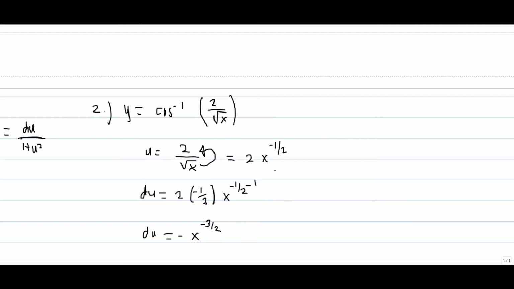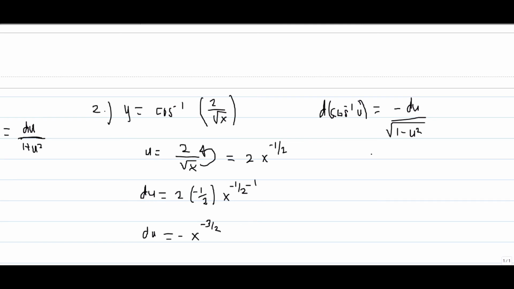Okay, so take note that the derivative of cosine inverse u equals negative du over the square root of 1 minus u squared.